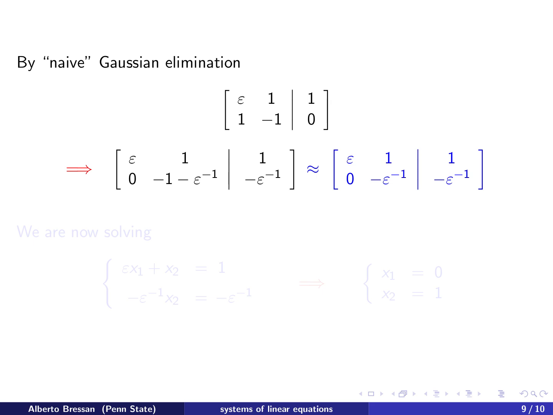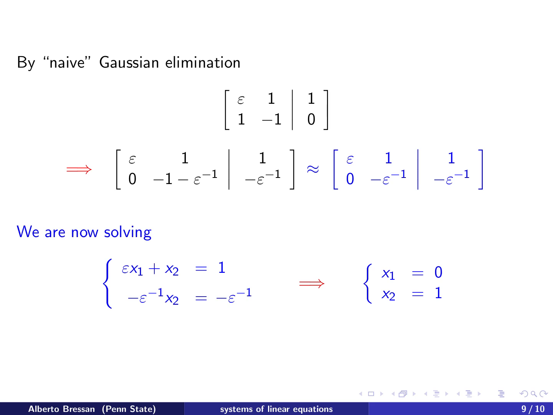Then these numbers in the computer, in particular this number here, as we have seen, epsilon to the -1 will be 10 to the power 9, and -1 will not be able to be stored in the computer. So in your computer, this number will just become negative epsilon to the power -1. Now we can solve this using backward substitution.